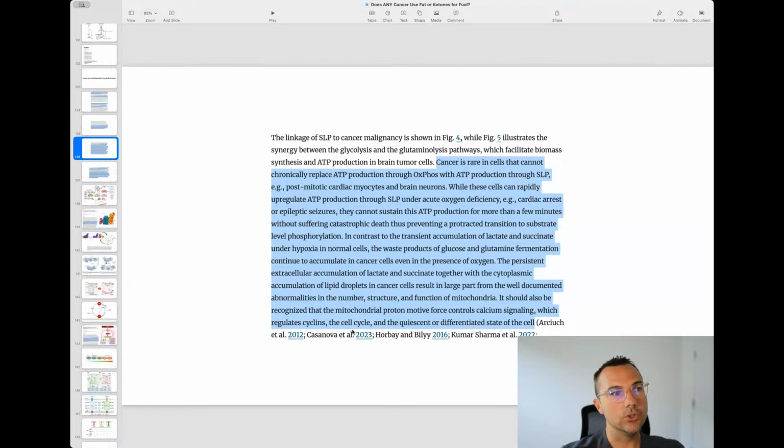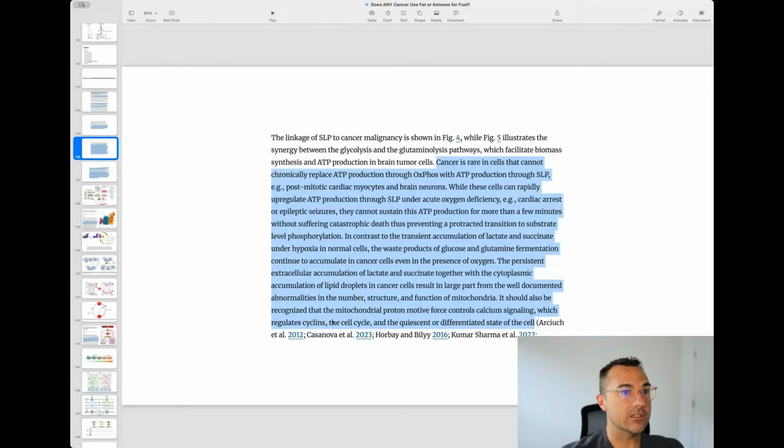So when you lose control of the cell cycle, you can have dysregulated cell growth, and that's why mitochondrial dysfunction can lead to cancer above and beyond the loss of ATP, because you're losing one of your major controllers.